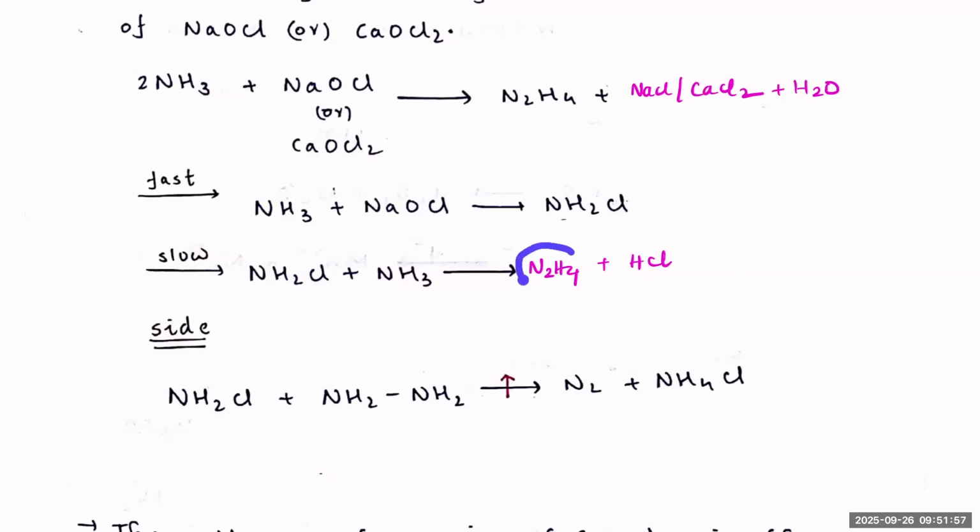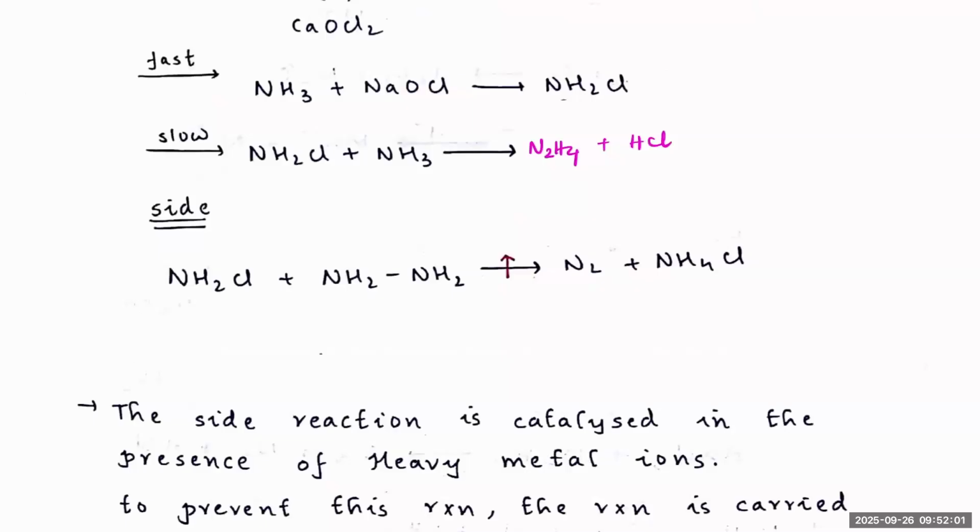This is the hydrazine you will get. Like I said, it depends upon the concentration of NaOCl. If it is even slightly more, that means more NH2Cl will form. If this becomes excess, it will again react with hydrazine to convert it into N2 gas, which is what we explained earlier, that N2 gas will form if I take the powdered form.